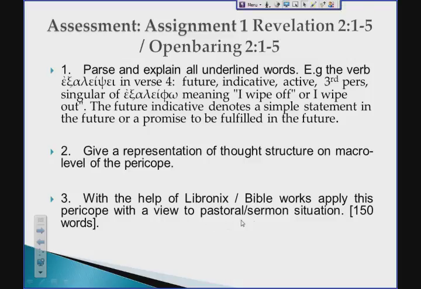How can you make use of this pericope to encourage them, so that eventually they will hear the voice of God encouraging them or motivating them? So again, for all our centers, do this assignment and submit that to your facilitator. If the facilitator has any difficulties, please contact me in terms of the grading or the marking, and we can help one another. And that will be all for today.